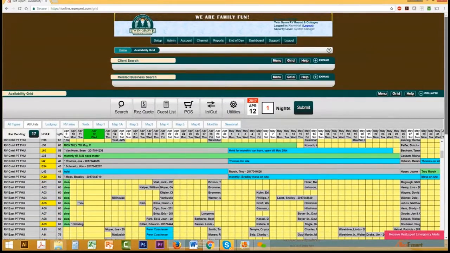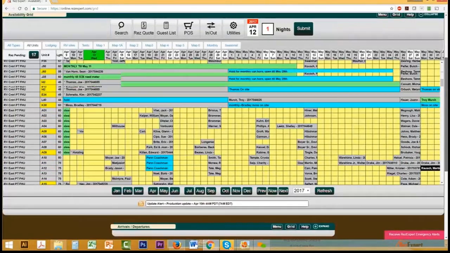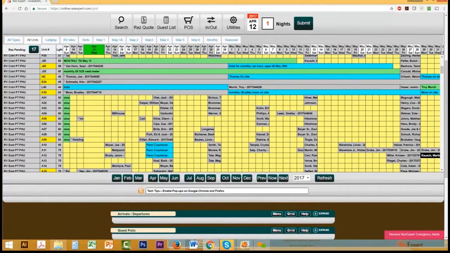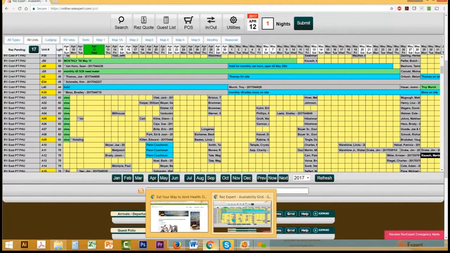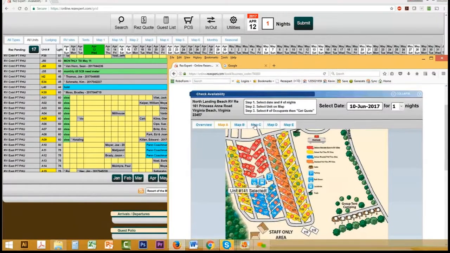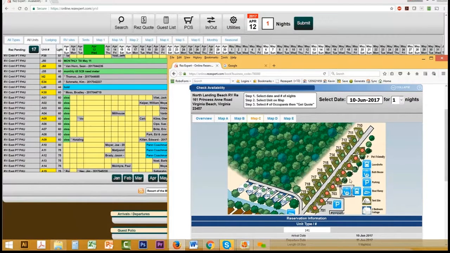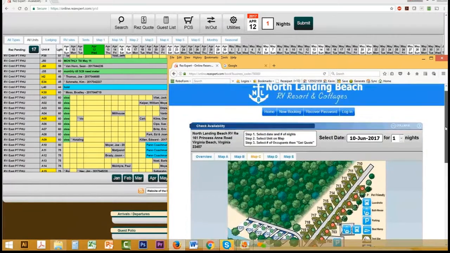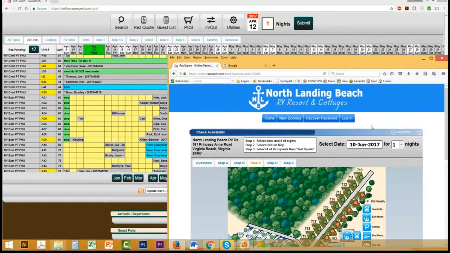Now, on the ones where we use the optimization, obviously we are guaranteeing them the site type. We don't guarantee them the exact site unless they're here long term, which you do or don't have to do. We choose to do that. But there's still that level of comfort on our part that they're going to get what they booked, essentially.